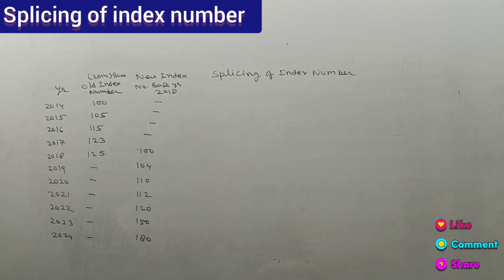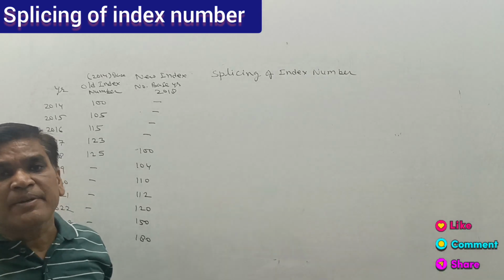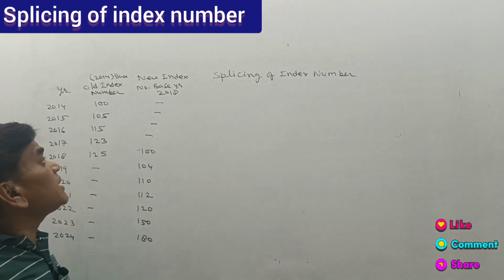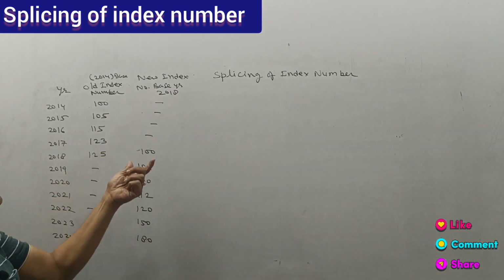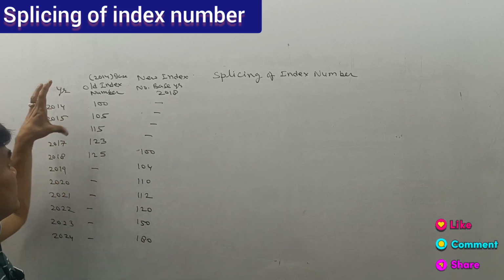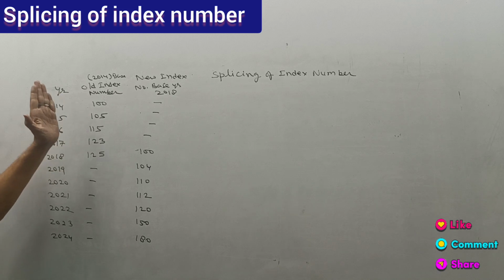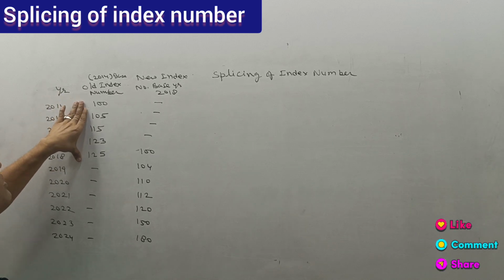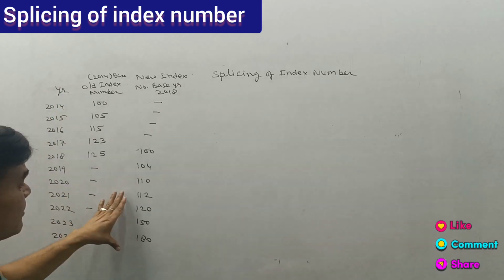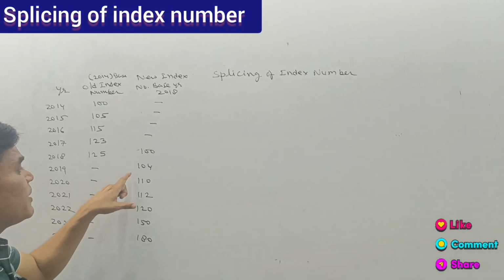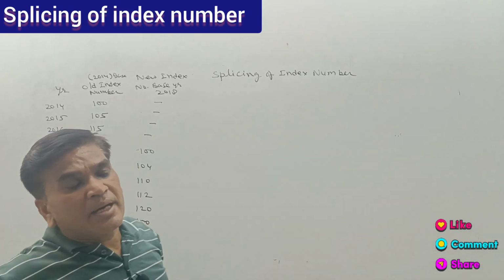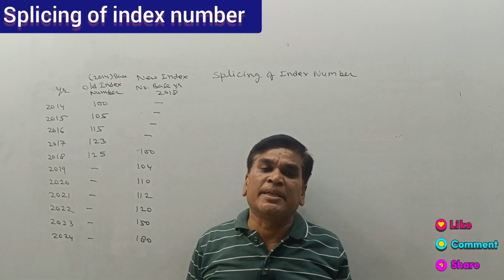Now the base year is changed. Now we have the index numbers of 2018. So for the same commodity, 5 index numbers are based on 2014 and the remaining 1, 2, 3, 4, 5, 6, 7 index numbers are based on 2018.